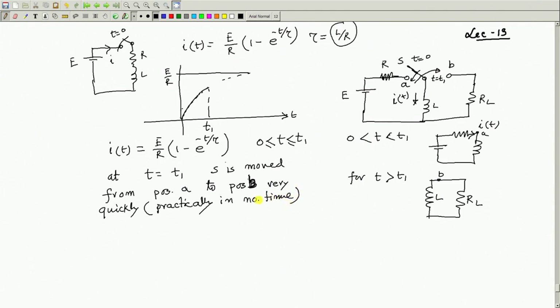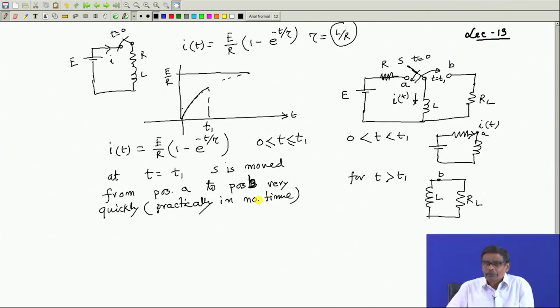Here sometimes people feel a little uneasy, because you are moving it from A to B in no time, but it will take a finite time. So, some time will elapse, during which it will be open circuited. With the help of solid state switches, this can be easily implemented.